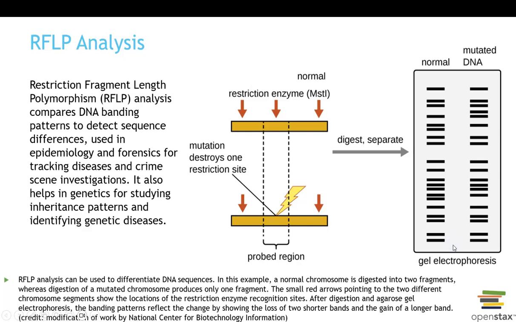Another technique that is old, but still used especially in forensic science labs, is called RFLP, or restriction fragment length polymorphism. Imagine there is a crime scene, and there is some blood or hair or nail at that crime scene.